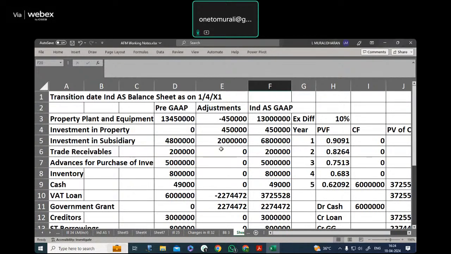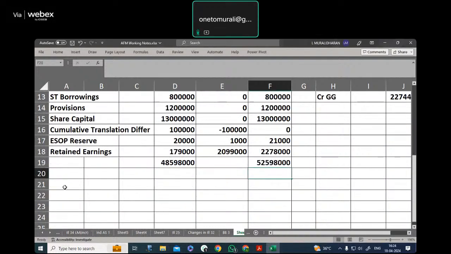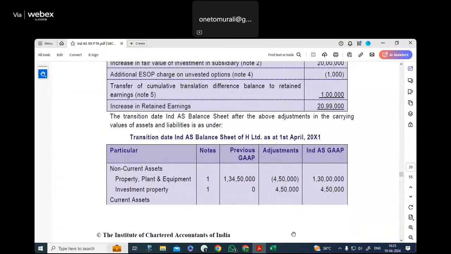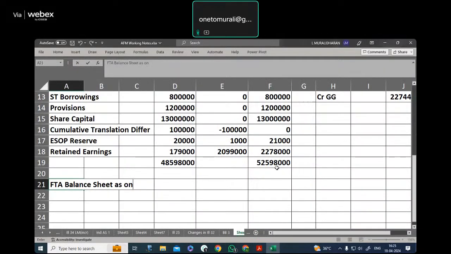Now these items are to be grouped according to current and non-current, and just watch out as how we can make a presentation. So first time adopted balance sheet as on first of April X1.